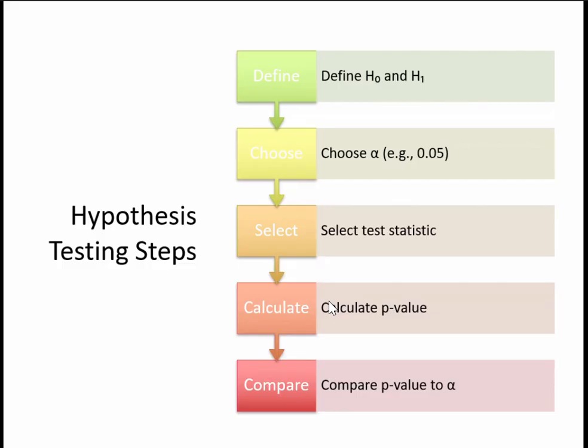We use a t-test when our sample size is less than 30. We use a z-test when our sample size is more than 30. Then we capture the p-value. The p-value is just the probability value of our test. And then you compare the p-value and the significance level.